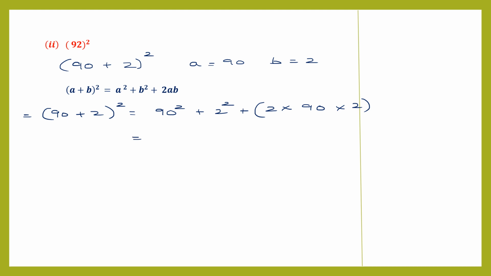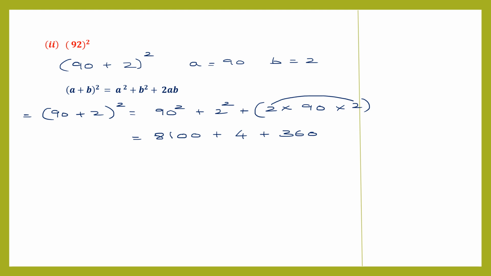Now let's simplify this. 90 square. First do 9 square. 9 nines are 81. And this 0, when you double it, you get 2 zeros. Plus 2 square. 2 2s are 4. Plus, now 2 into 90 into 2. You can do it this way also by rearrangement. 2 2s are 4. 4 into 90. 4 nines are 36.